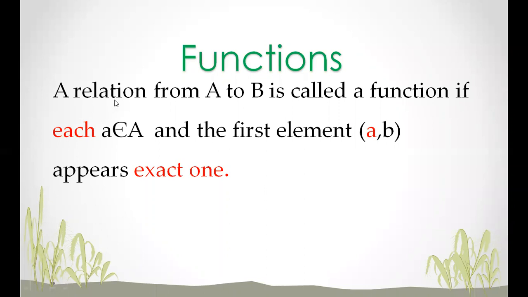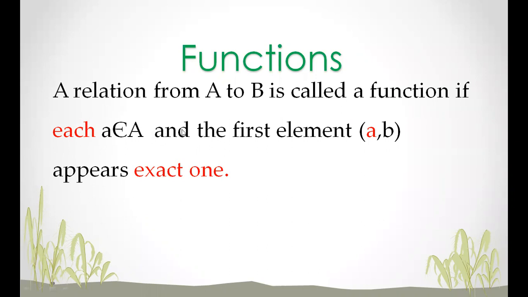First of all, we see what a function is. A relation from A to B is called a function if it satisfies this condition. The condition is: each element of A, and the word each is very important, I will clarify this word each in our next slide.